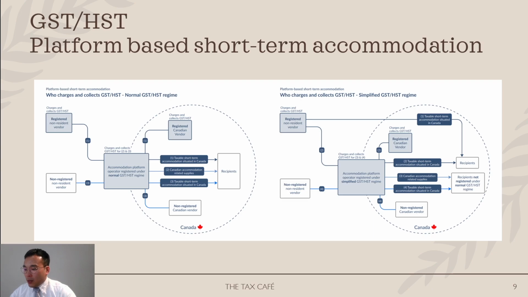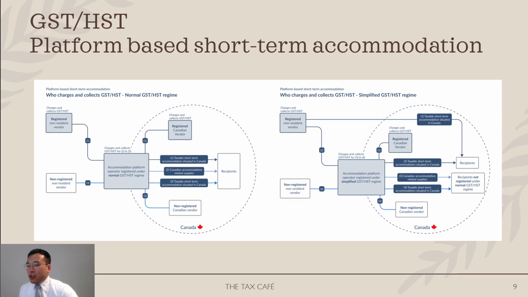So to dive right in, again, this is a very complicated concept. This slide talks about who charges and collects GST, HST, and talks about the simplified GST, HST regime. The new GST, HST rules came into effect as of July 1st, 2021.